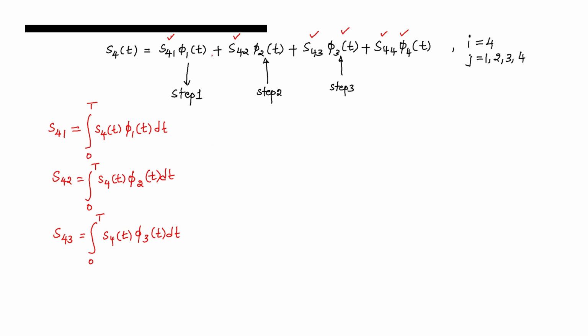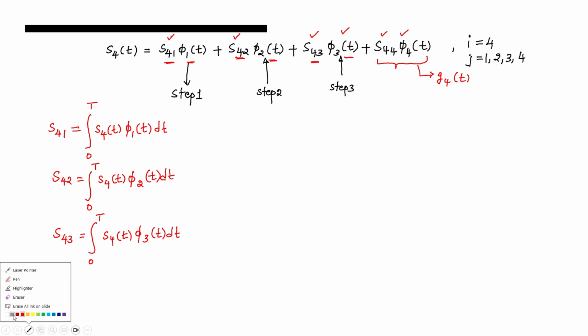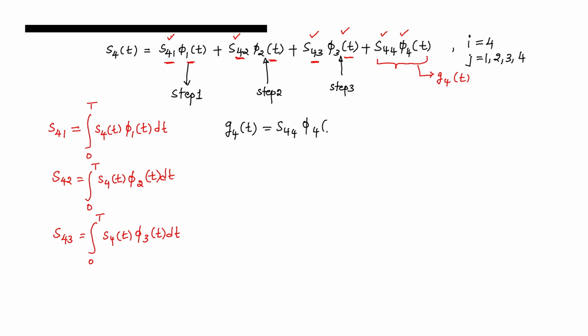So once S41, S42, S43 are known, phi 1 of t, phi 2 of t and phi 3 of t are already known. So let us consider S44 phi 4 of t as G4 of t. So what is G4 of t? Let G4 of t be S44 into phi 4 of t.